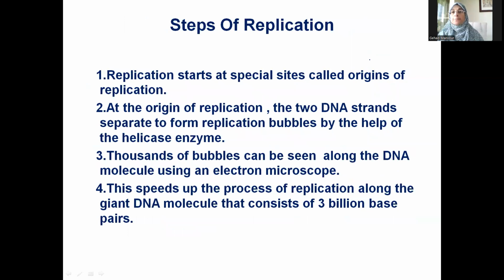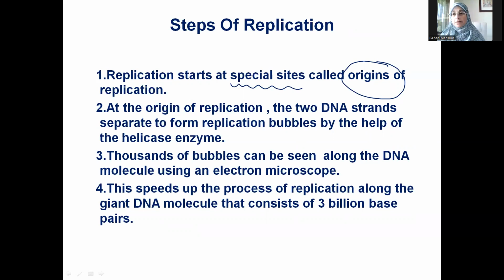Now, replication doesn't start anywhere on the DNA molecule. It is a very organized process, and it starts at very specific sites on the DNA molecule. And these DNA sites are called the origins of replication. It's a plural word.